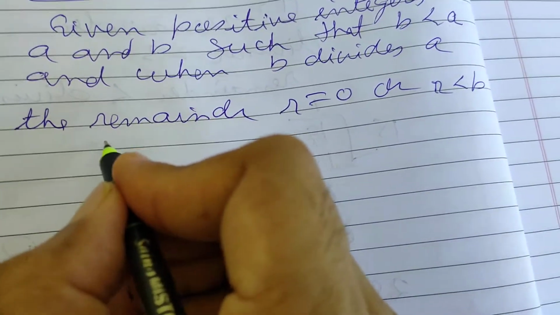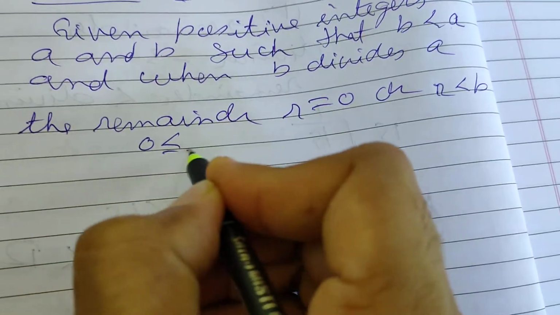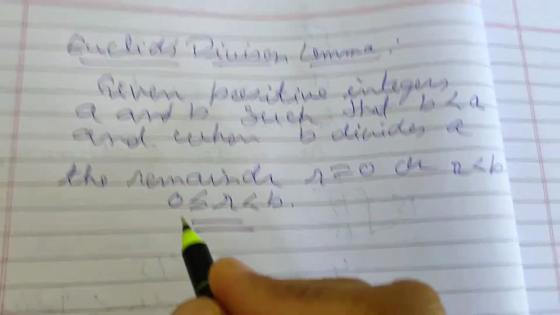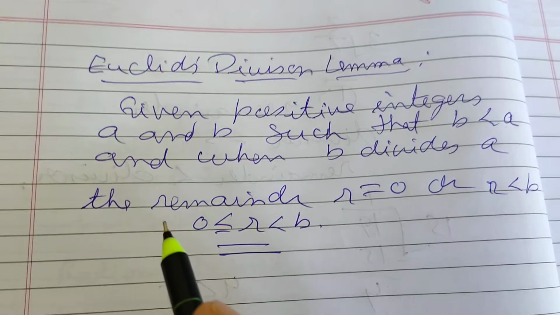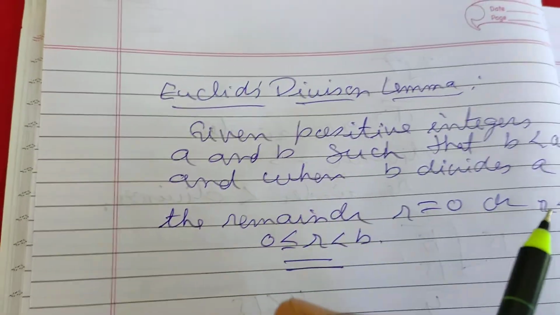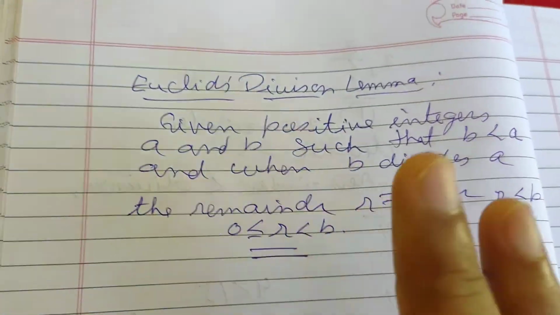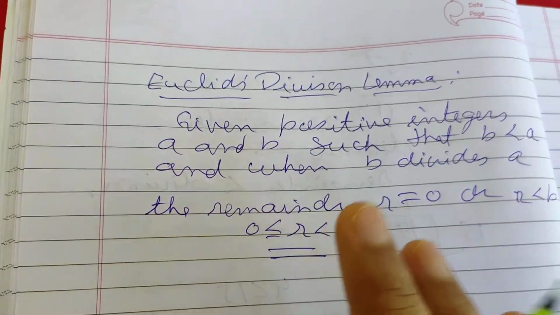Or we can write the same condition as 0 is less than or equal to R is less than B. So this is known as Euclid's division lemma. Now we'll work out some questions based on this, that is Euclid's division lemma.